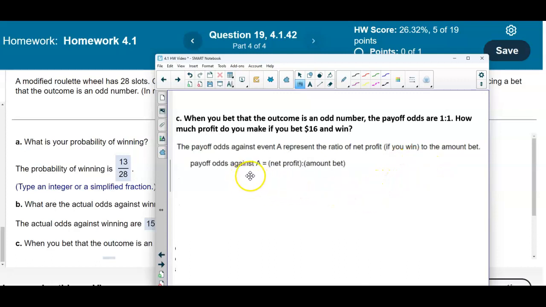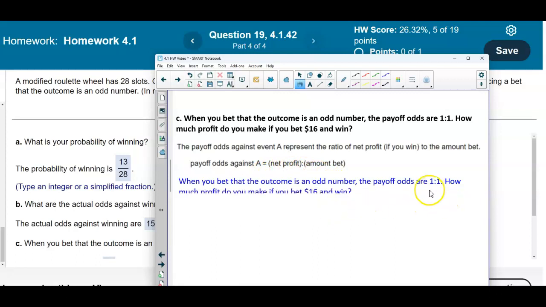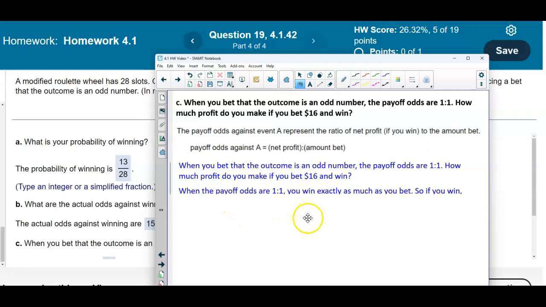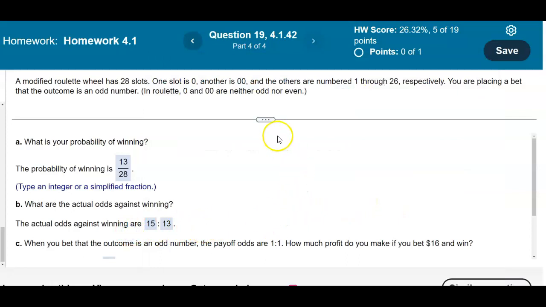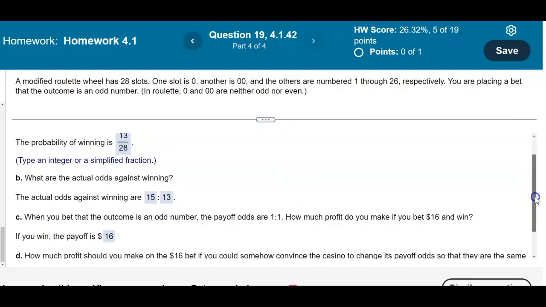When you bet that the outcome is an odd number, the payoff odds are 1 to 1, so you win exactly as much as you bet. So if you win, the payoff is $16. Therefore the answer is $16.